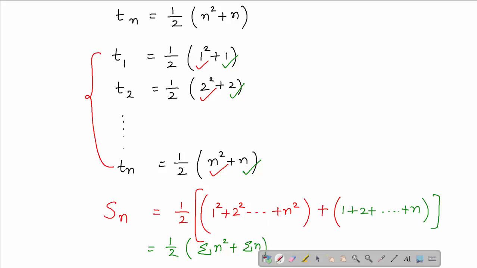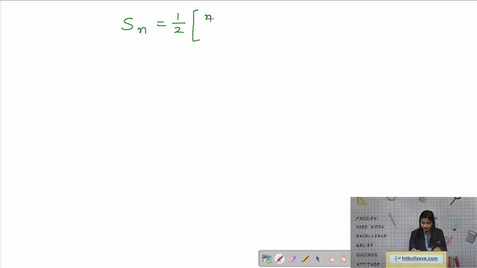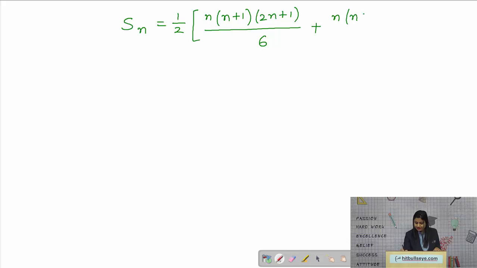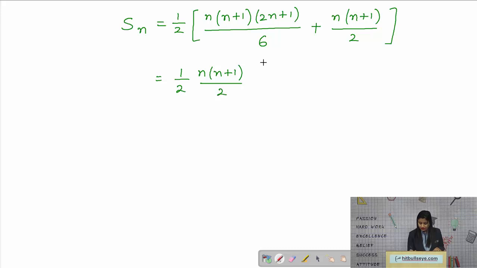Let us solve this. What is the sigma n square formula? It is n into n plus 1 into 2n plus 1 divided by 6, plus what is the sigma n formula? n into n plus 1 divided by 2. So first of all, we will take n into n plus 1 divided by 2 common.